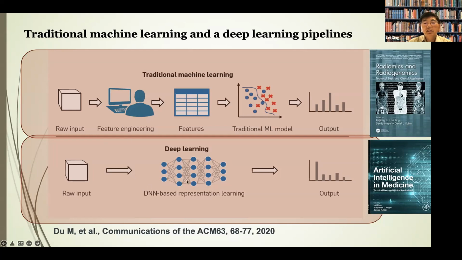The deep learning algorithm will do it for you. It automatically extracts the features and then does the correlative study, the modeling, okay? Again, we have a book on AI in medicine that covers some basic aspects and also some clinical aspects. You can find that book to learn more.